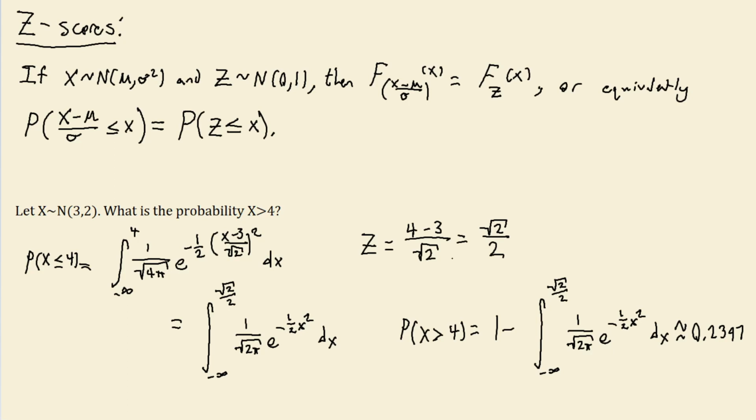And this might seem like an antiquated idea, and in some aspects it is. For instance, you could have just used this integral to solve this problem, and you had no reason to convert to a z-score and then use the standard normal distribution. But if you harken back to a time before supercomputers in every calculator and iPhone, these integrals are impossible to evaluate exactly, so you have to estimate them.